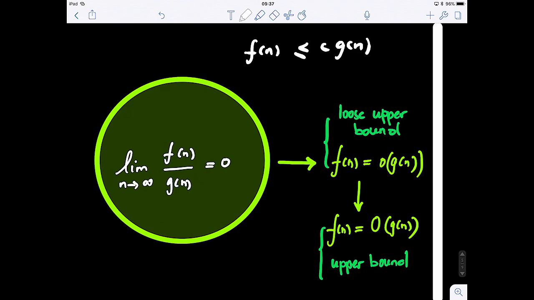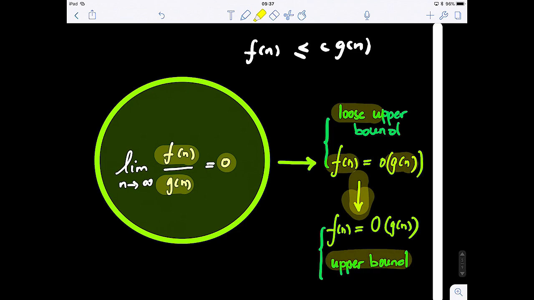Mathematically, if the limit when n tends to infinity of f of n divided by g of n, given that g of n does not take 0 values, is 0, this gives us that g of n is a loose upper bound on f, okay? Which implies, as we saw before, if it's a loose upper bound, it's still an upper bound, okay?